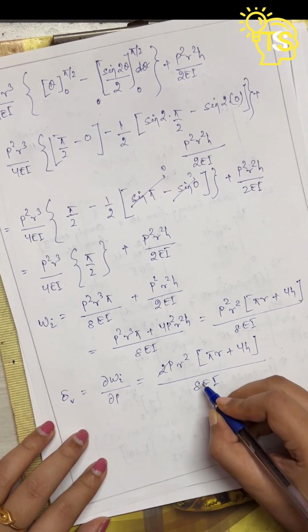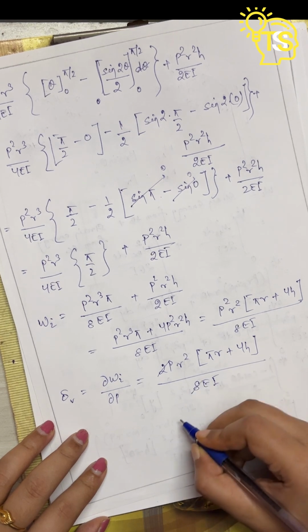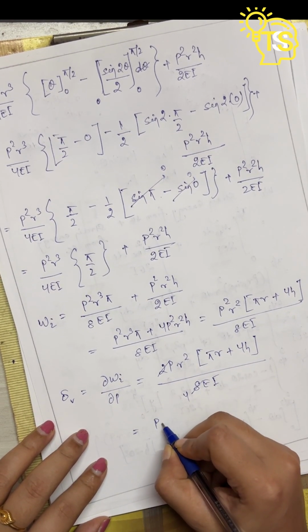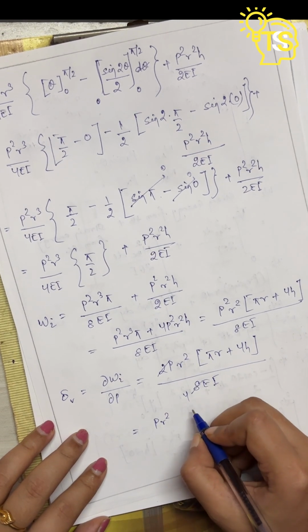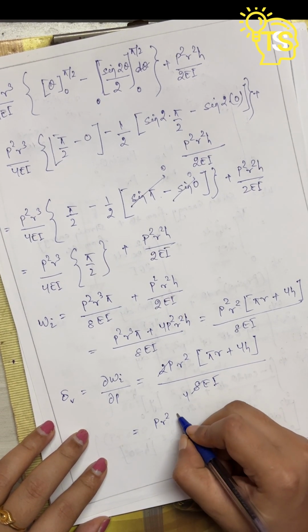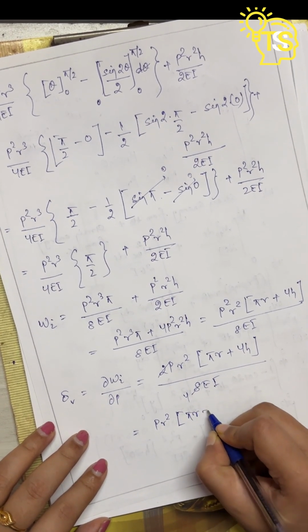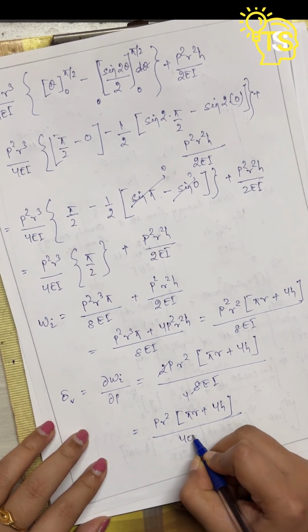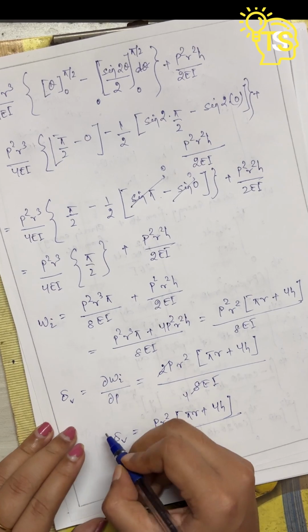Here 2 gets cancelled with 8, and we will have 4. So the final value of the vertical deflection will be P r squared (pi r plus 4h) upon 4EI. This is the vertical deflection we got.